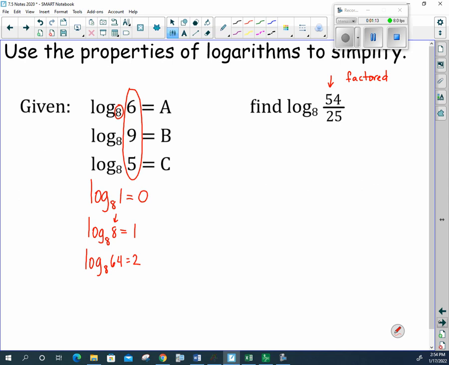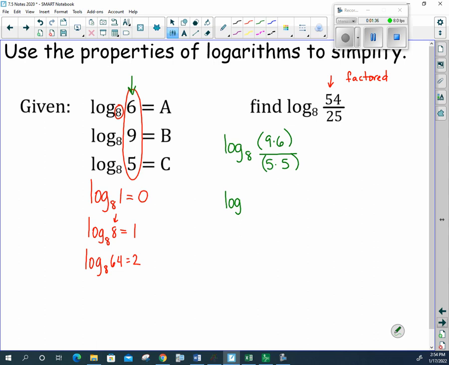And we don't even actually need any of those because just looking at it right off the bat, 54 is the same thing as 9 times 6. And 25 is the same thing as 5 times 5. So I can see right off the bat 9, 6, and 5 are all these numbers right here. So we're good to go. So we're just going to expand this out.